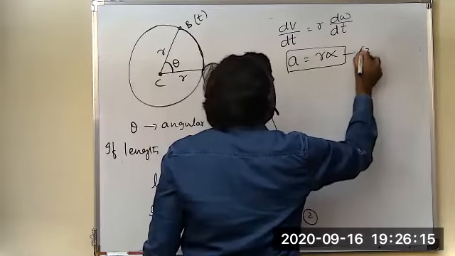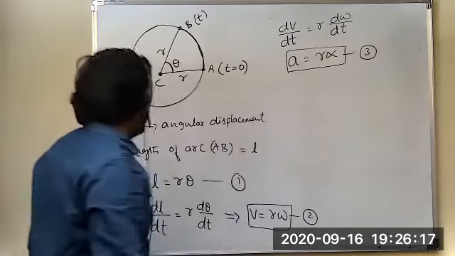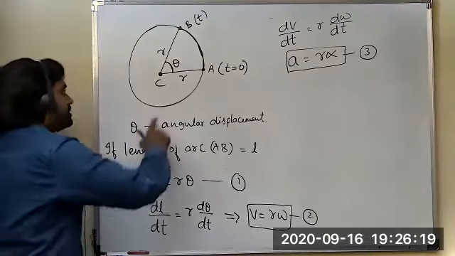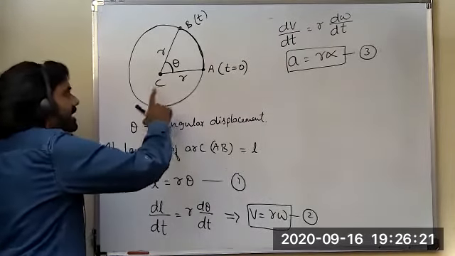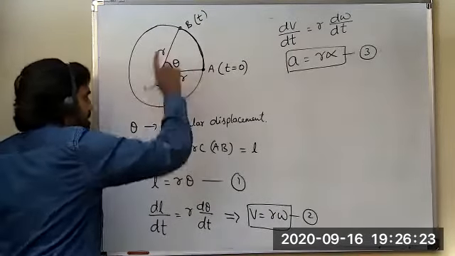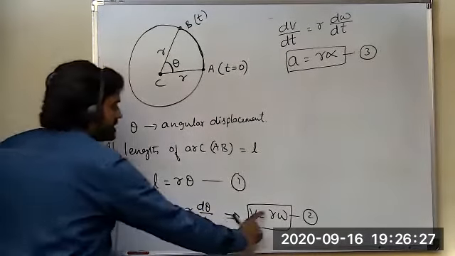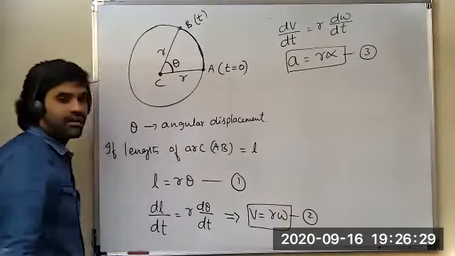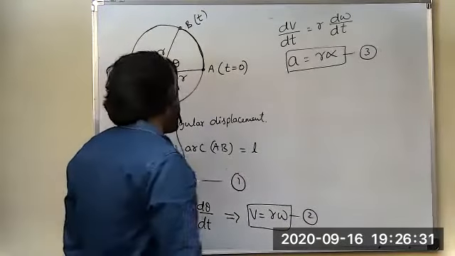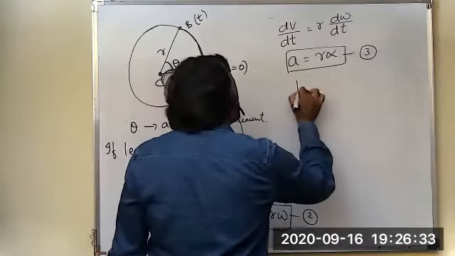Tangential acceleration. So now the basic kinematic equations of a body moving on a circle are: 1, 2, 3. L is equal to R theta, V is equal to R omega, a is equal to R alpha.